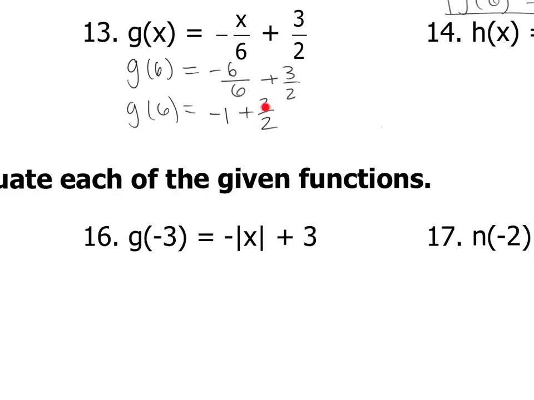If fractions are tough, you can go ahead and make a common denominator and add these two together, but let's just try to logic our way through this. Another way to think of 3/2 is 1.5, right? Well, I need to basically take away 1 from that, so wouldn't my answer just be 0.5 or 1/2? I think g of 6 is just 1/2.